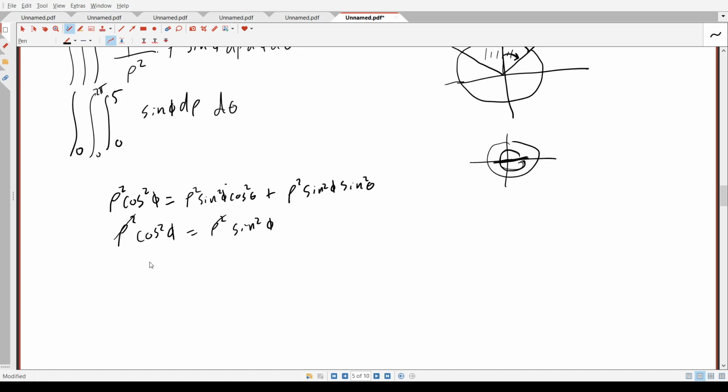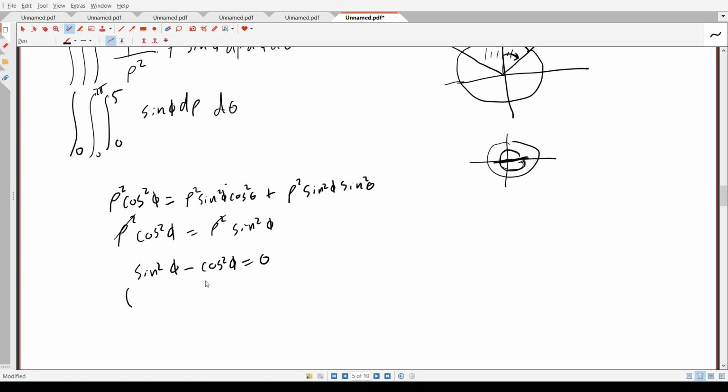Okay, so what I have is this. If I subtract, I have sine squared phi minus cosine squared phi equals 0.